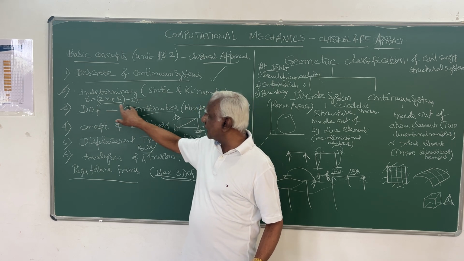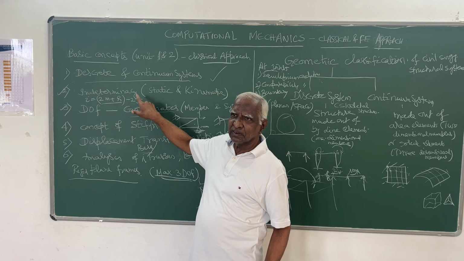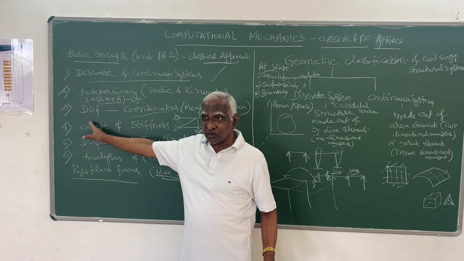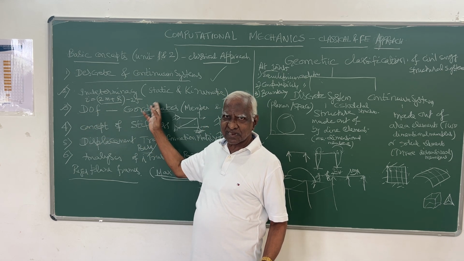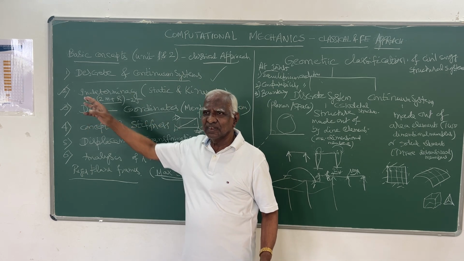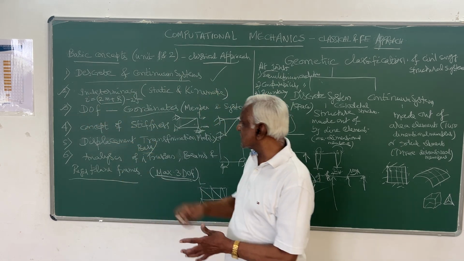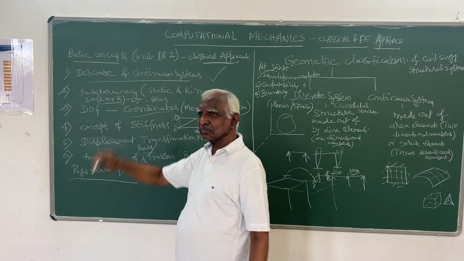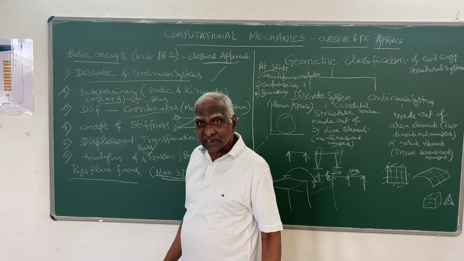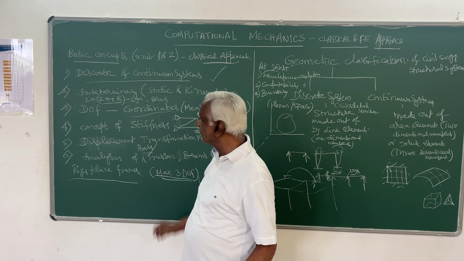So unknowns minus equations of equilibrium is the number of unknowns which you cannot determine by equations of equilibrium, that we define as static indeterminacy. This is for beams. Correct? Static indeterminacy I am talking about.